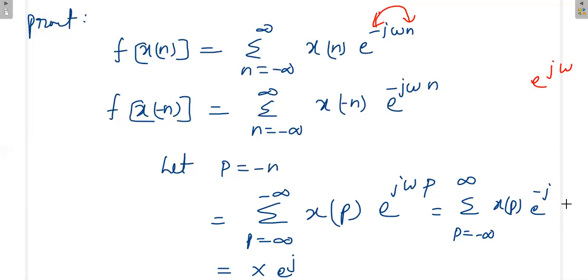So that one more minus I am taking with omega. So except minus jp, I can directly write that is e power j, then minus omega, so that I can write like x of e power minus j omega. Okay, thank you.